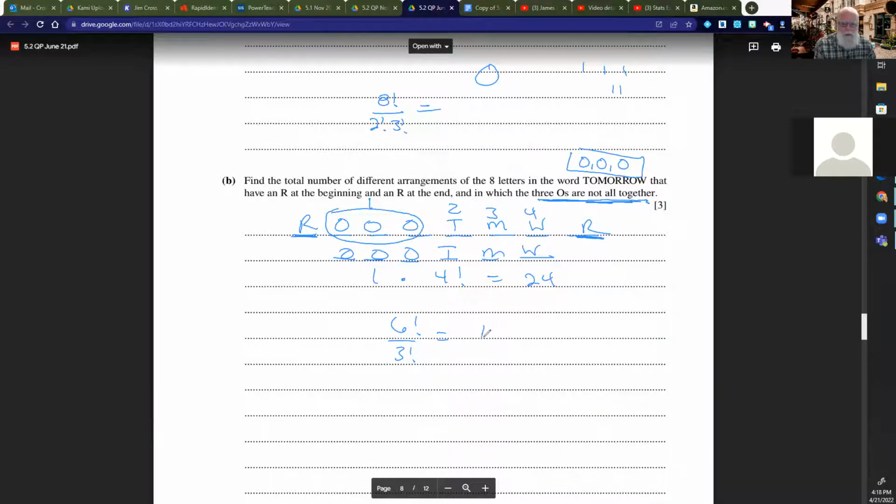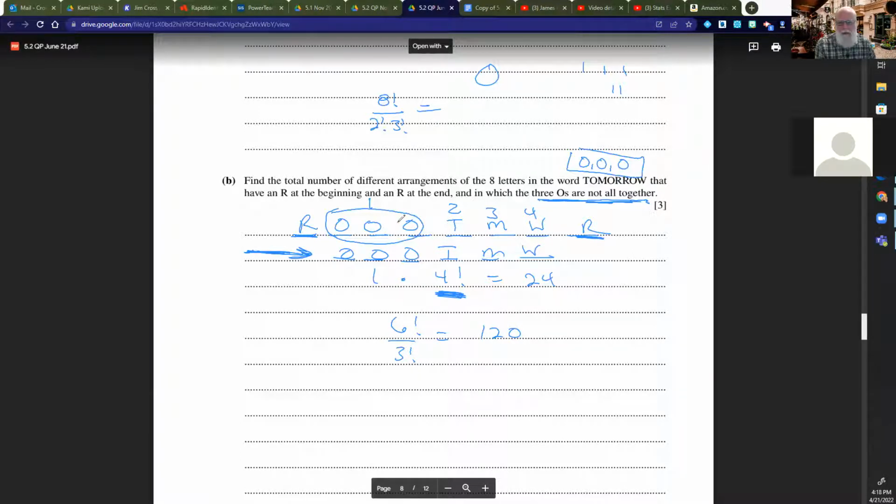120. Now, let's make sure we're clear about what's going on. This 120 is how many ways I can take O, O, O, T, M, W and arrange them in any way that I want to. This 24 is the number of ways I can arrange these 6 letters where the 3 O's are always together.